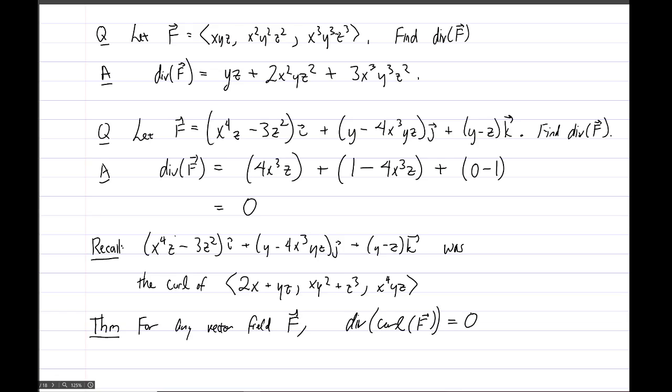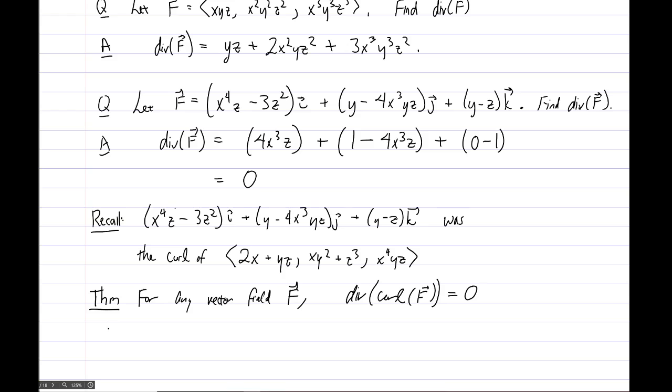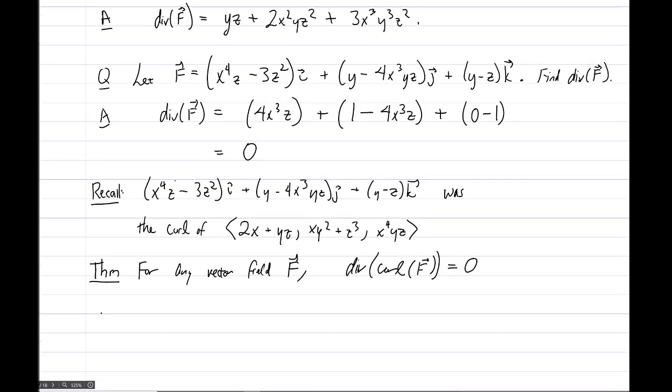So this kind of mimics what we saw earlier. We earlier saw a theorem which was curl of gradient of f is 0. Now we have divergence of curl of F is equal to 0. For appropriate F, though, it's got to work. We'll see why this theorem is important a little later.